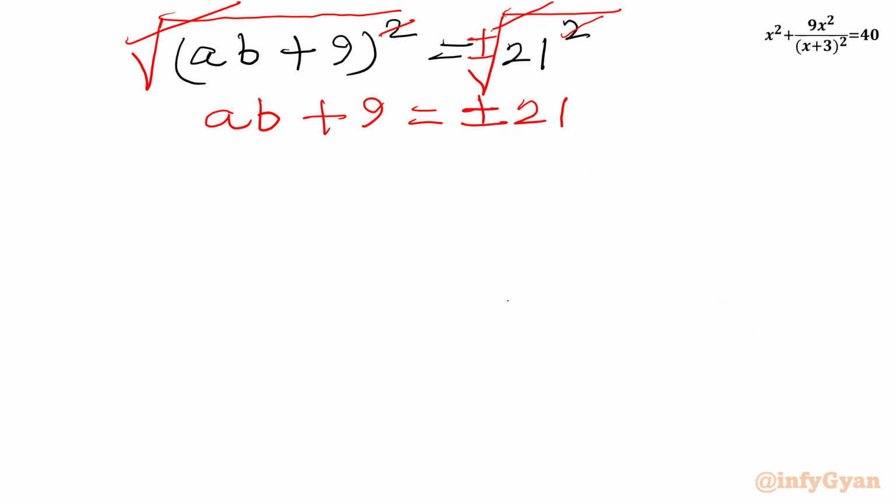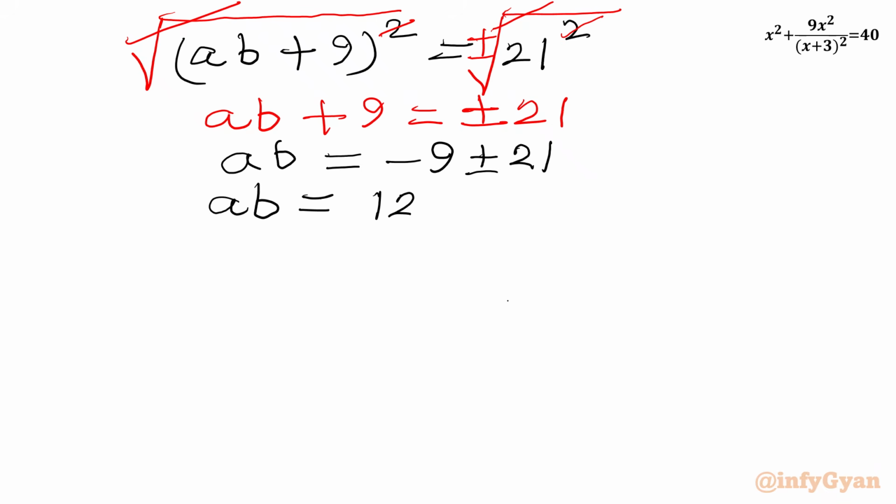Now we will subtract 9 from both sides. We will get ab equal to minus 9 plus minus 21. So we will write here ab equal to 21 minus 9, 12, and minus 9 minus 21, minus 30.